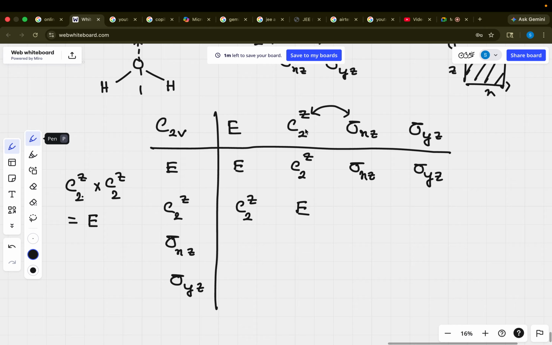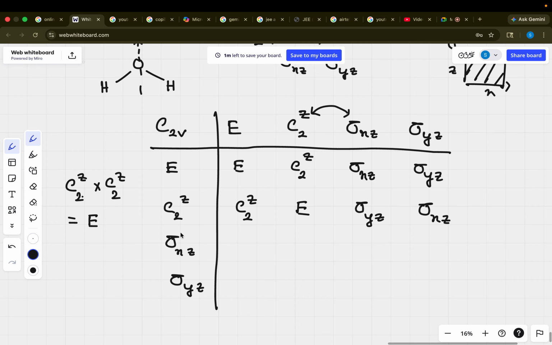Similarly you can find C2Z into sigma xz, and you will get sigma yz. Similarly C2Z into sigma yz, you will get sigma xz.